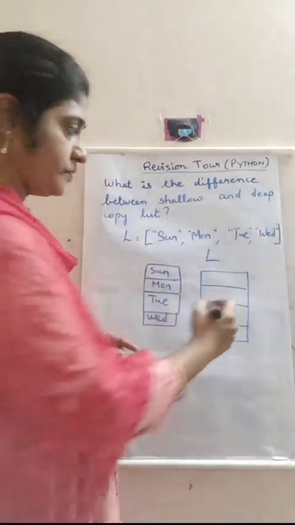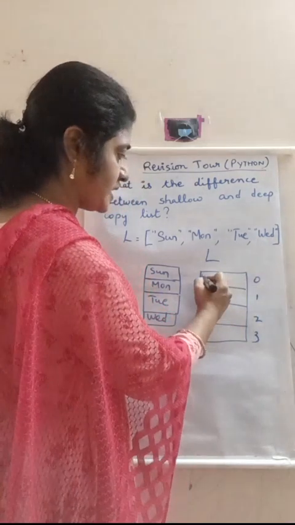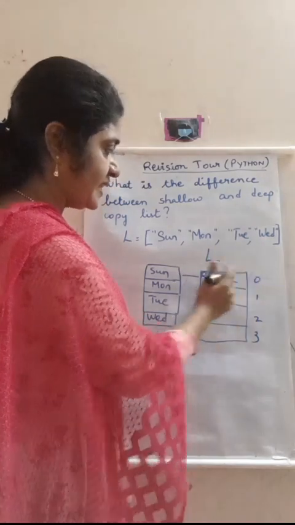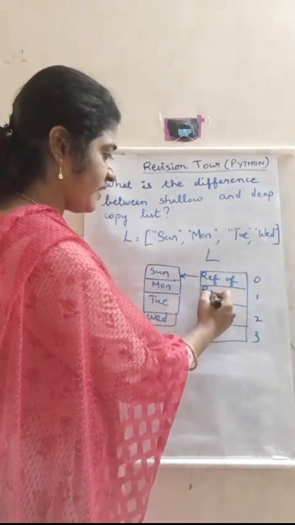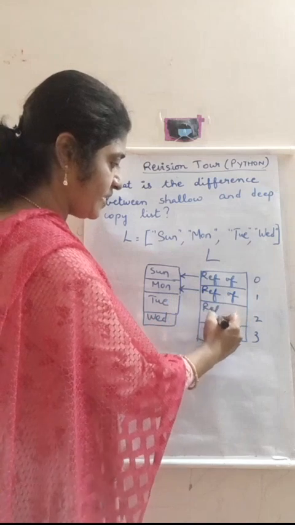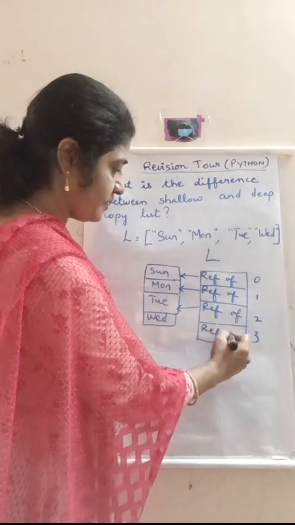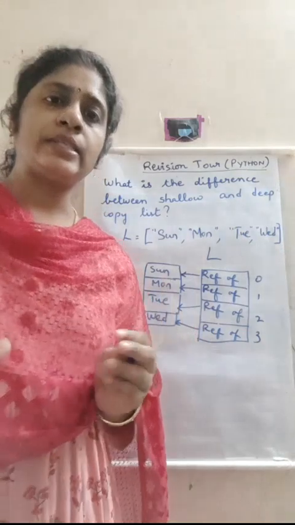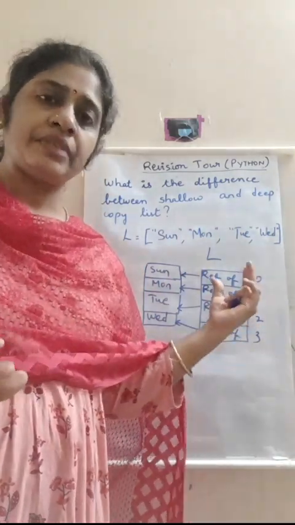In L of 0, 1, 2, 3, the reference of Sunday, Monday, Tuesday and Wednesday respectively will be stored. So what is exactly stored in the indexes are the references of the values, not exactly the values.